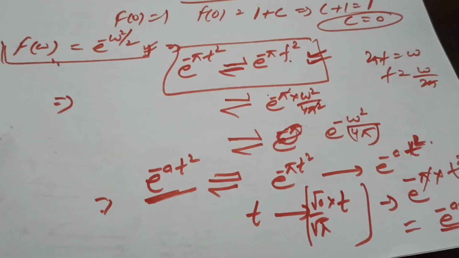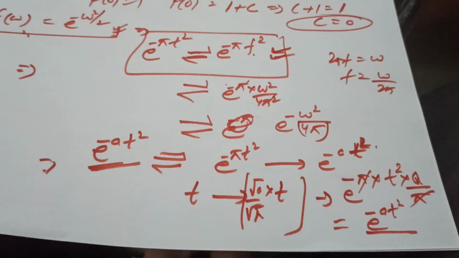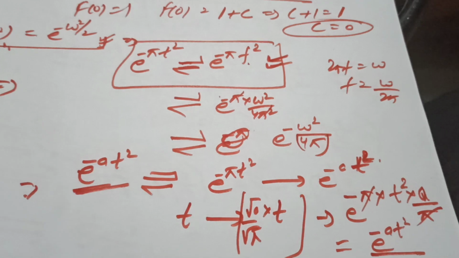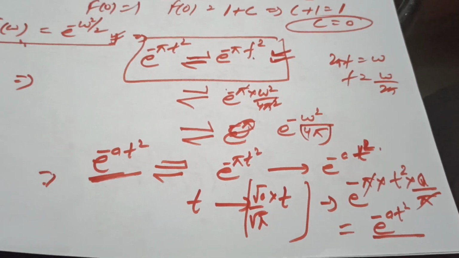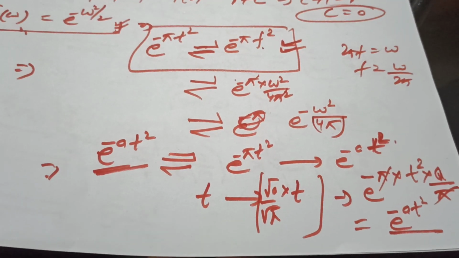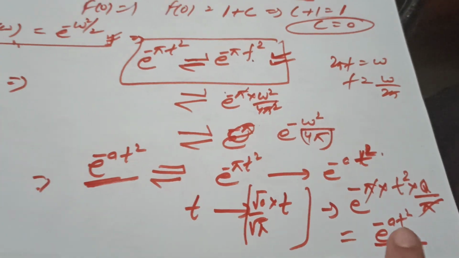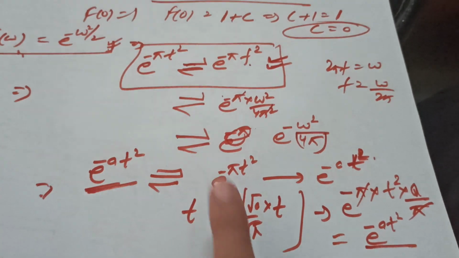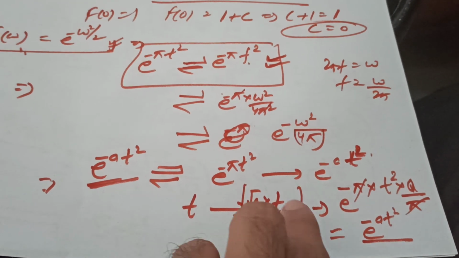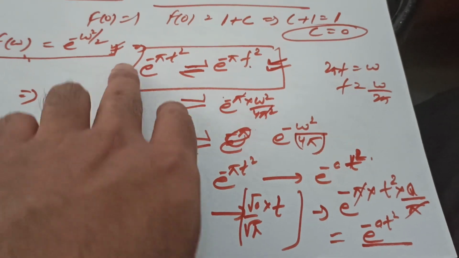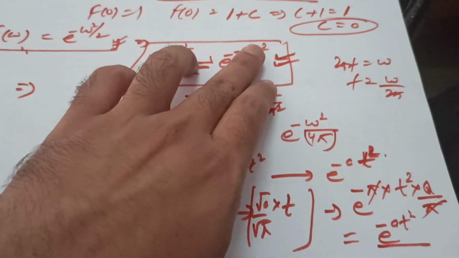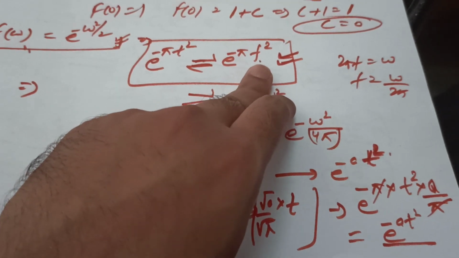Is it clear? Now if this is clearly understood, then I can straight away write the Fourier transform of e to the power minus a t square. In this formula, if you scale t by under root a by under root pi t, then you will get this. So obviously this scaling has to be reflected on the Fourier domain. Clear?